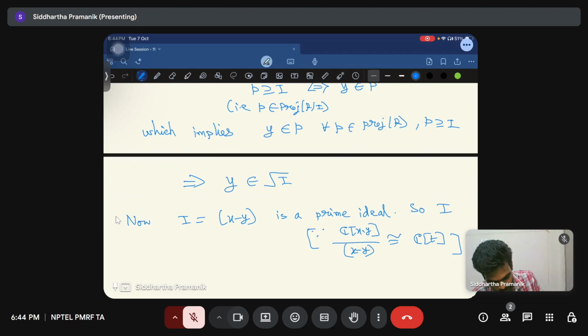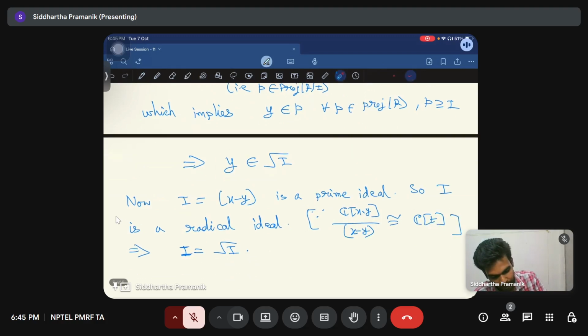So I is a radical ideal. So this implies I is equal to radical of I. But this y does not belong to the ideal generated by x minus y.